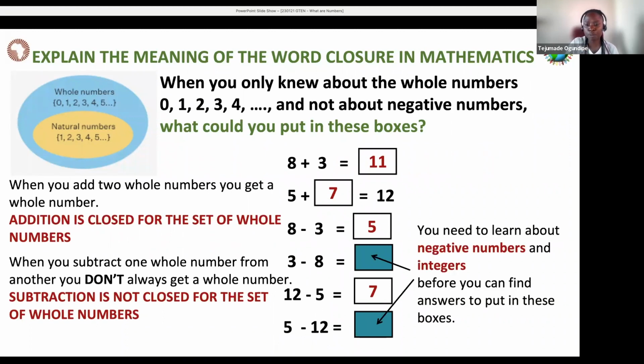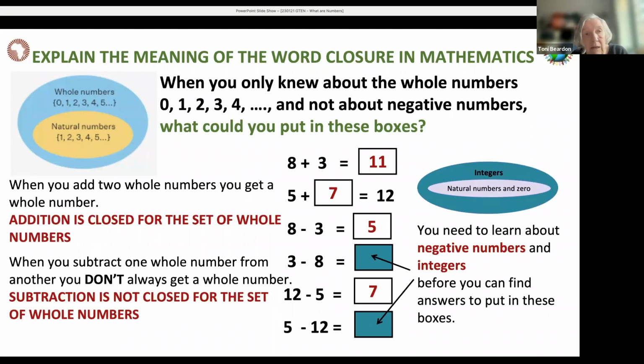Moving forward, you need negative numbers if you're going to put something in those boxes. So we're going to introduce a new set of numbers, which we had in the joke, and that is the negative numbers as well as the positive.